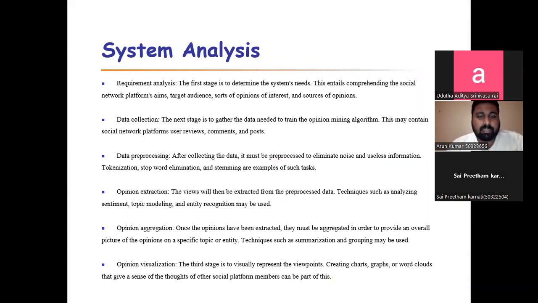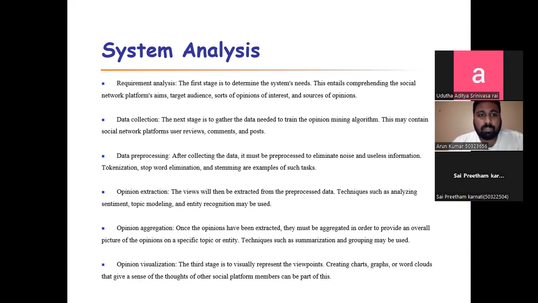Okay, system analysis. We developed this project by using the code we have written, and we underwent some system analysis. We did the requirement analysis, we gathered some data, and we tried to build the opinion mining algorithm.